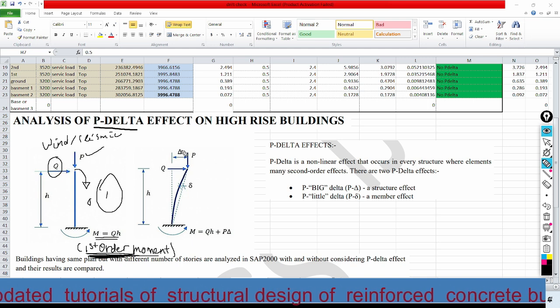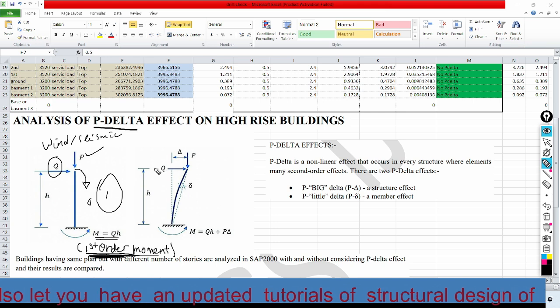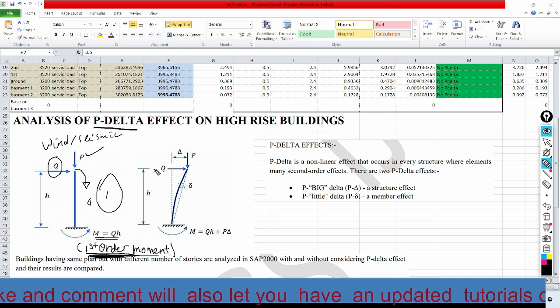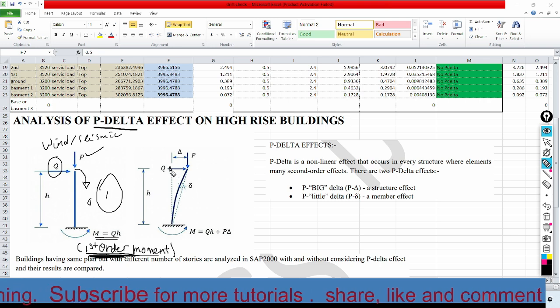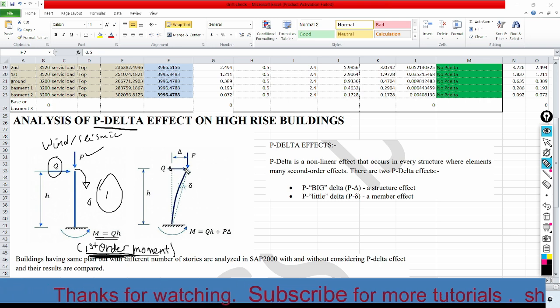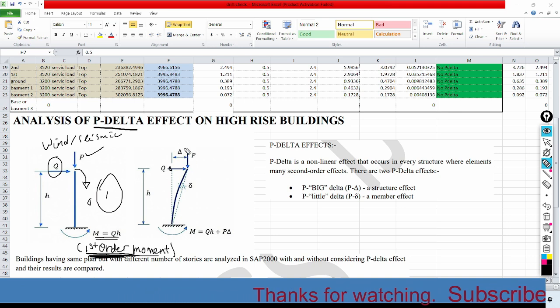But if we apply a horizontal force at this point, the structure will move to the right with a lateral displacement, delta.